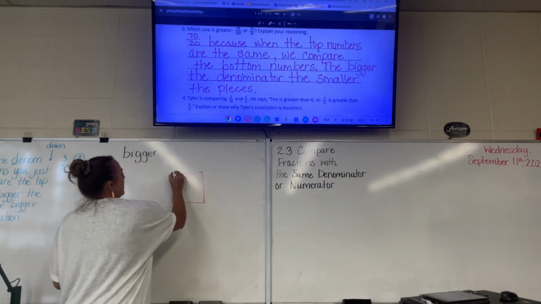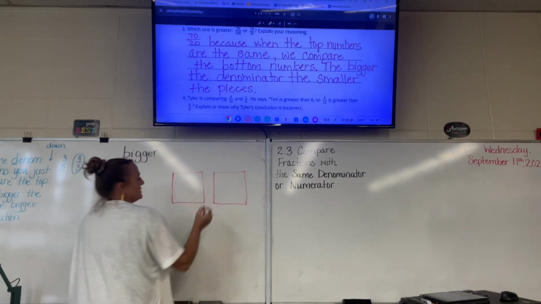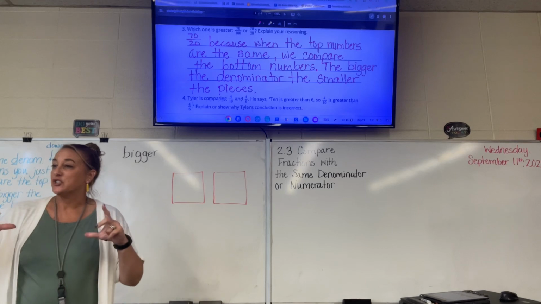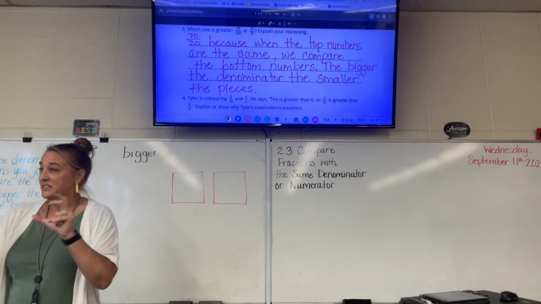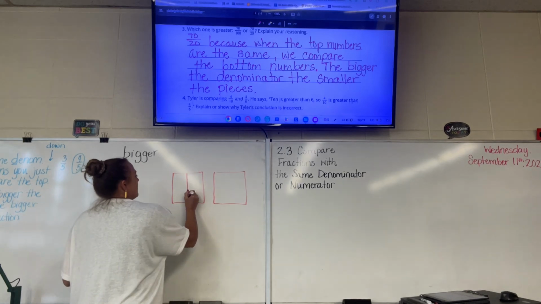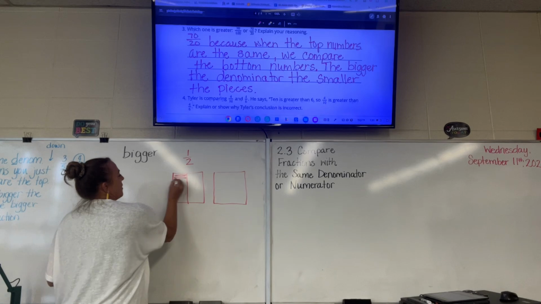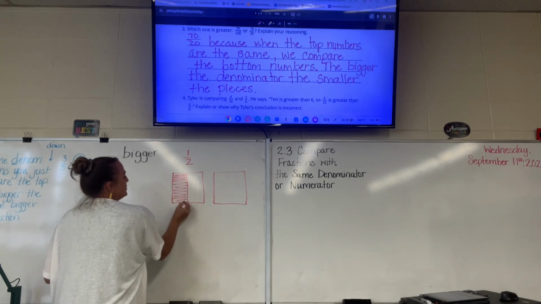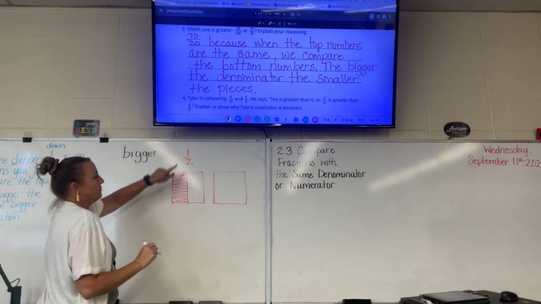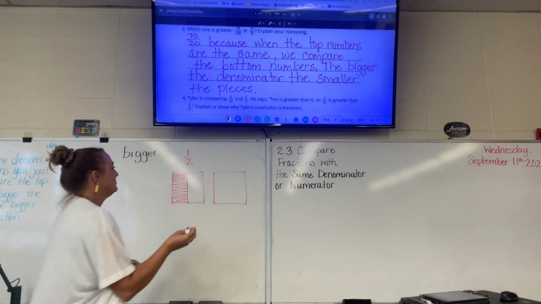I always draw squares or rectangles when I'm doing fractions because I'm not very good at splitting circles into even sections. So, 2 is a very small number, but it's the biggest fraction there is, 1/2, okay?